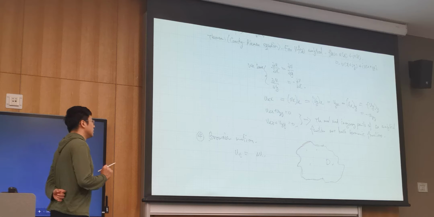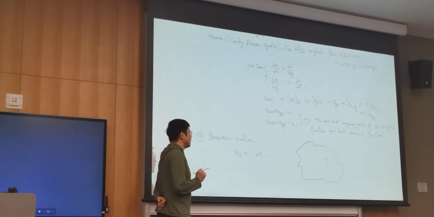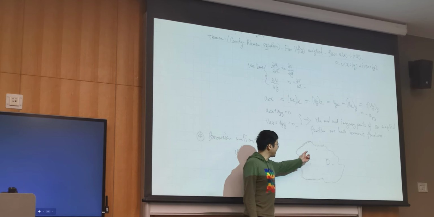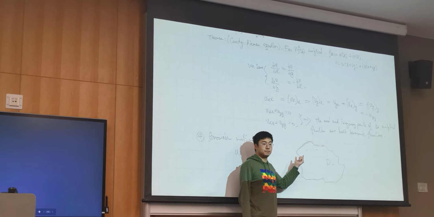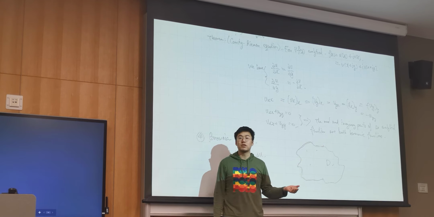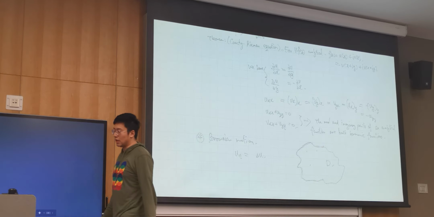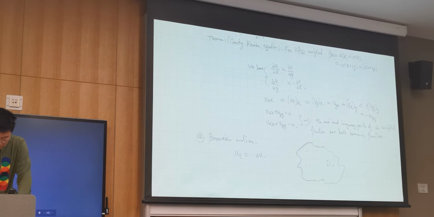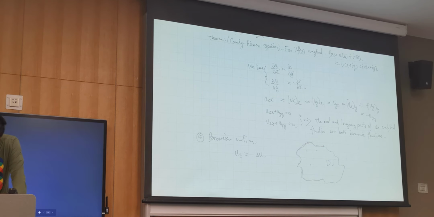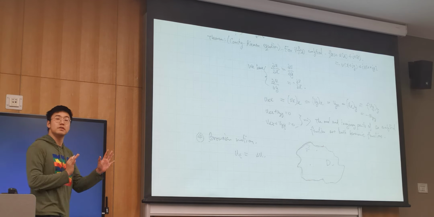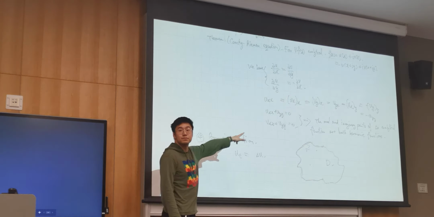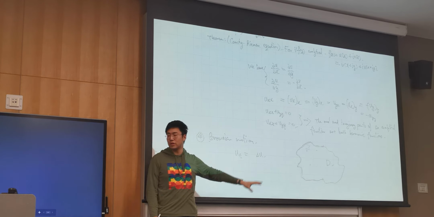Whenever the point hits the boundary, then it stops. That means a point may start over here and then go completely randomly, let's say hit this place, right? Then it stops. It is absorbed on the boundary.